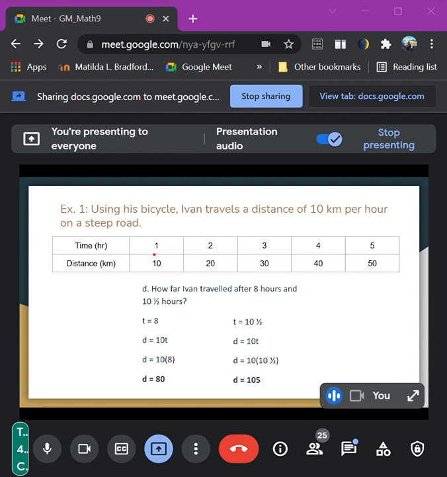as the time increases, our distance also increases. So you have there from 10, then 20, until 10 and a half, that is 105. So as the time goes up, the distance also goes up. Because that is what direct variation is all about.